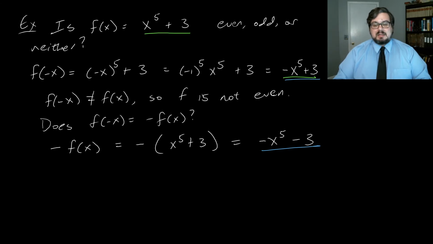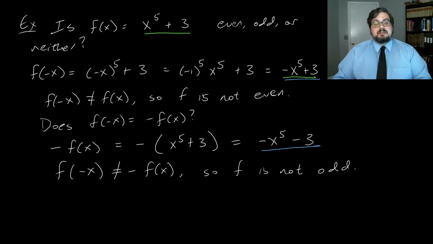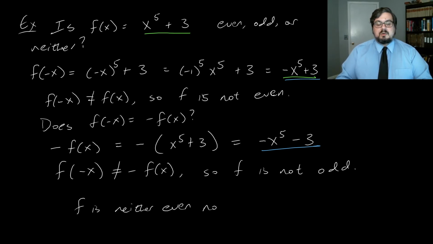We went from a plus 3 to a minus 3. So we have that f of negative x does not equal negative f of x, so f is not odd. So f is not even and f is not odd. So f is neither even nor odd.